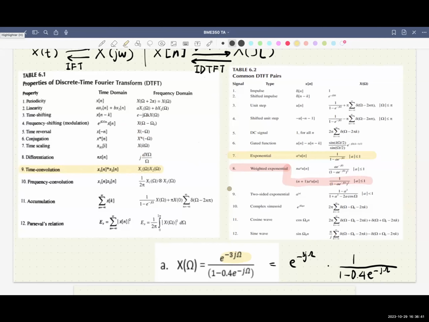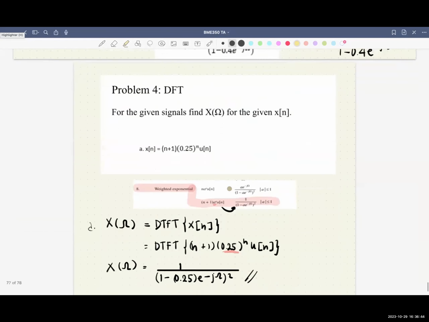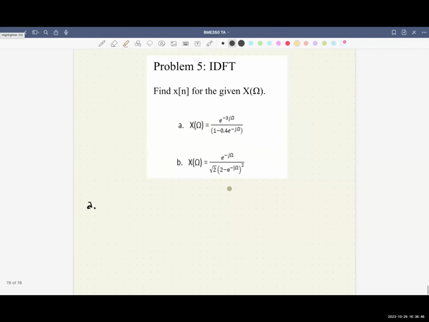Okay, after we identify this, let's try to actually solve this problem. We want to find x[n], which is the signal in the discrete time domain. Keep that in mind.